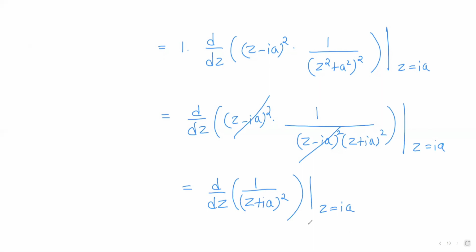Now we shall differentiate it. It is of the form 1 by z², so 1 by z² means z to the power minus 2. Differentiation of z^(−2) is −2 into z^(−3), or it is −2 divided by z³, right?